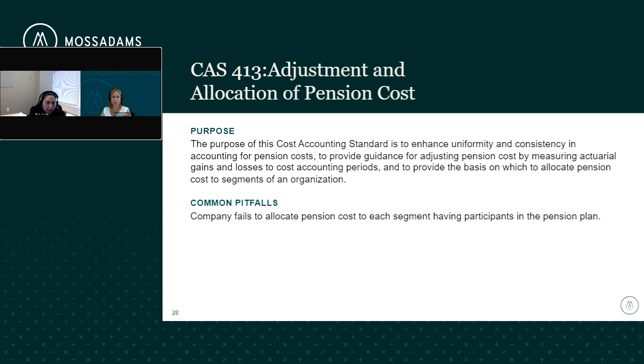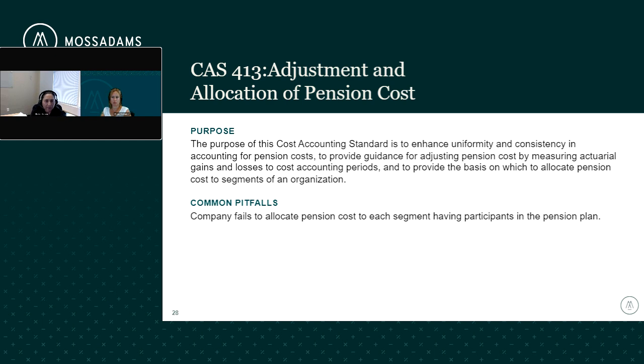So CAS 413 follows up on the measurement of the pension costs. This is really the adjustment and the allocation of those pension costs. And so once you know what the measurement piece is, how are those getting allocated out to the individual contracts, for example, or how are you allocating them within the books and records to show that what that value is being assigned to is actually allocable.